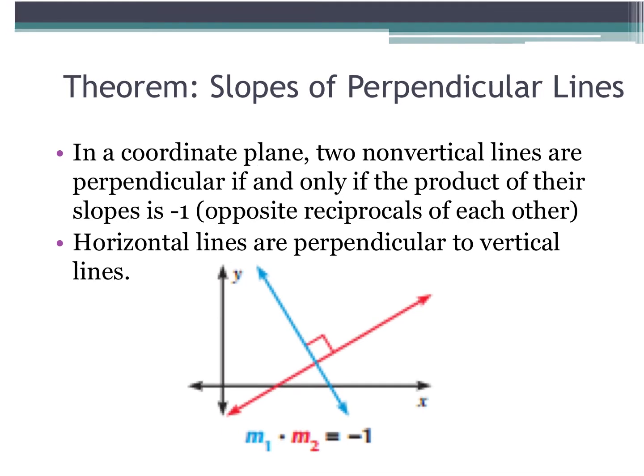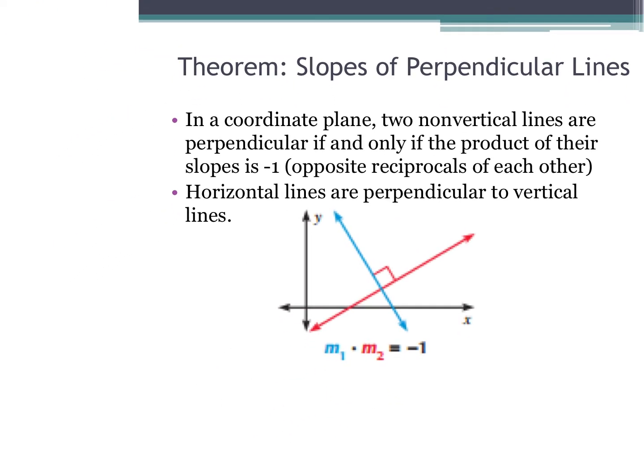So for example, if I gave you a slope of 2/3, the opposite reciprocal of 2/3 would be opposite, so this is positive, so the opposite would be negative, and for the reciprocal, you flip the fraction upside down. When I multiply these two fractions, 2/3 times -3/2, I'm going to get a product of -1.